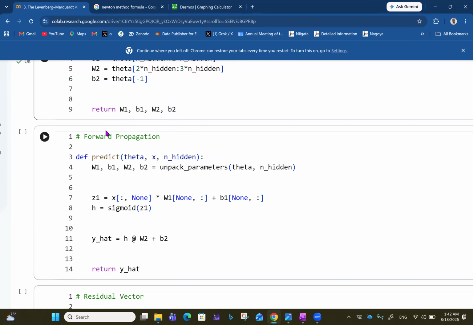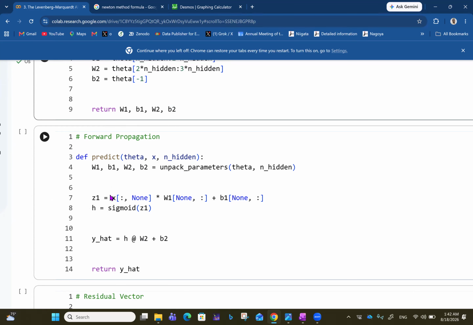So forward propagation helps us to make one prediction, and that's why the function is predict. You define the function predict that takes in theta, x, that's the input, and then the hidden layers, and then you have W1, B1, W2, B2, unpacking all the parameters with respect to theta and the hidden layers.